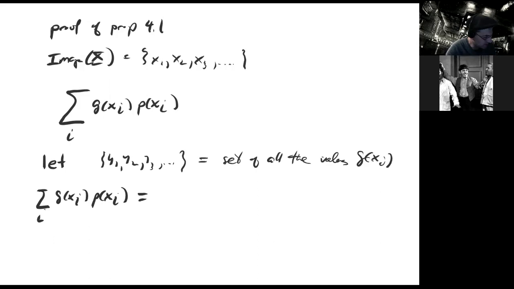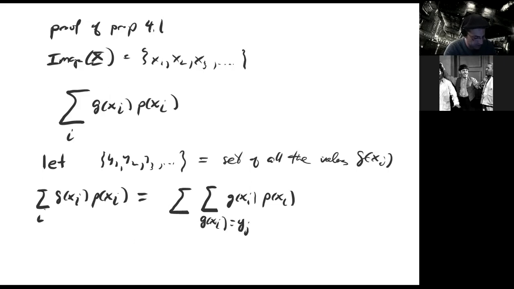Well, it's the same thing as the sum of the following expression. I'm going to write it as a double sum. So I'm going to take g of Xi times p of Xi, but I'm only going to look at those g of Xi's which are given by some value Yj that appears in this set.